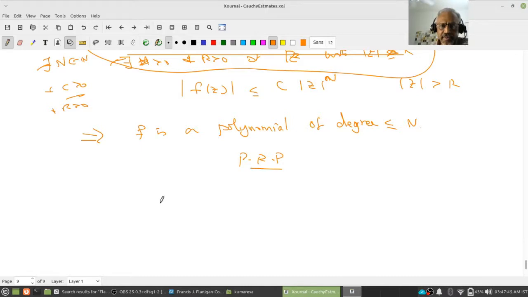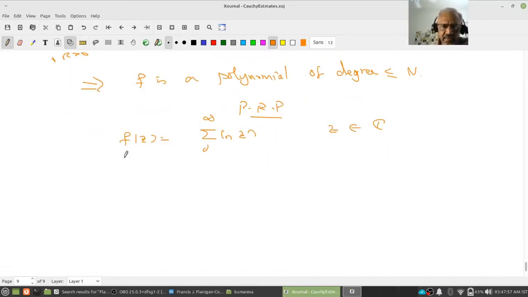Now how do I prove it? Since f is entire, as usual, I can write it as the summation of c_n z^n from 0 to infinity. This is true for all z in C. Now let's look at what is c_n.